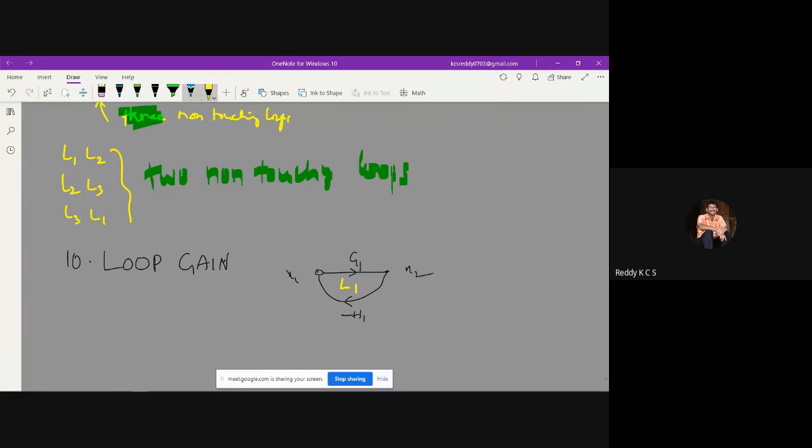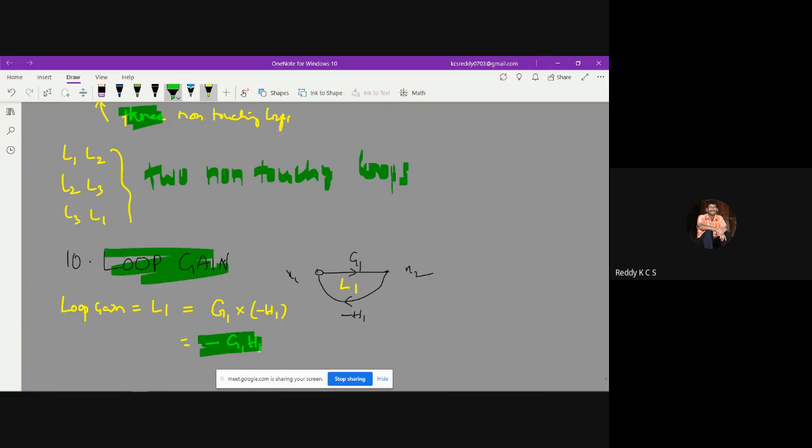So the loop gain, represented as L1, for loop 1 is equal to the block gain G1 multiplied by minus H1, that is minus G1 H1, and it is called the loop gain.